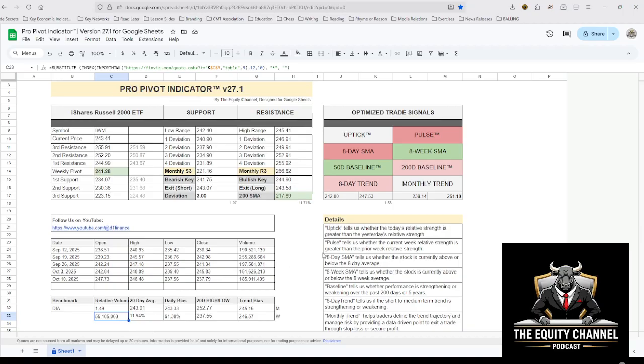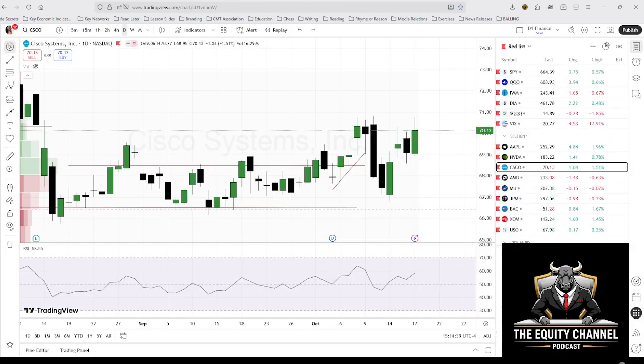Now those are your breakout signals, and then you have your bullish and bearish key level for your daily breakouts. So we do the opening range breakout.